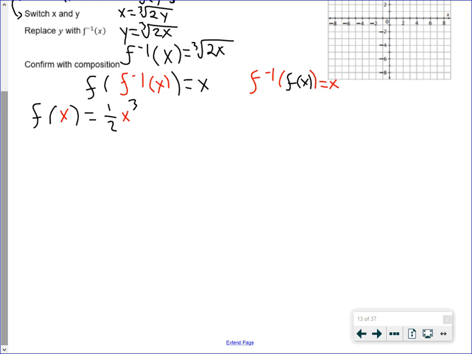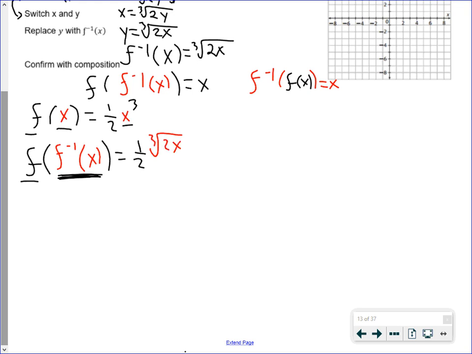And what we want now is f of f inverse of x, where we're just going to replace the x with our function. We want f in terms of the inverse function. So instead of x, we're writing the inverse function. So 1/2 times the inverse function, which we said was the cube root of 2x, and we have that cubed, so all of that cubed.